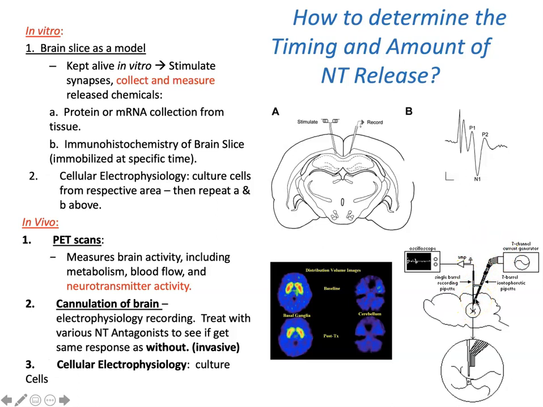so recording how the postsynaptic response is responding, either excitatory or inhibitory, or we can use the same setup, but we could drip onto the slice or through the cannula a drug, an agonist or an antagonist, so that we can show a specific neurotransmitter is functioning in that particular area, right?